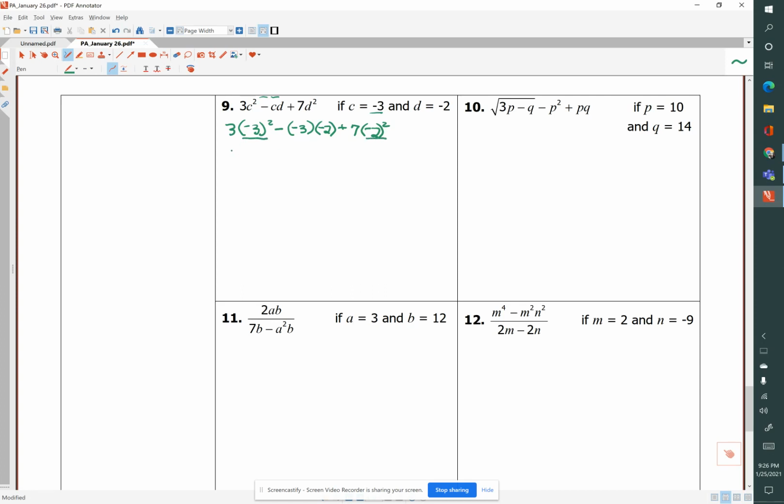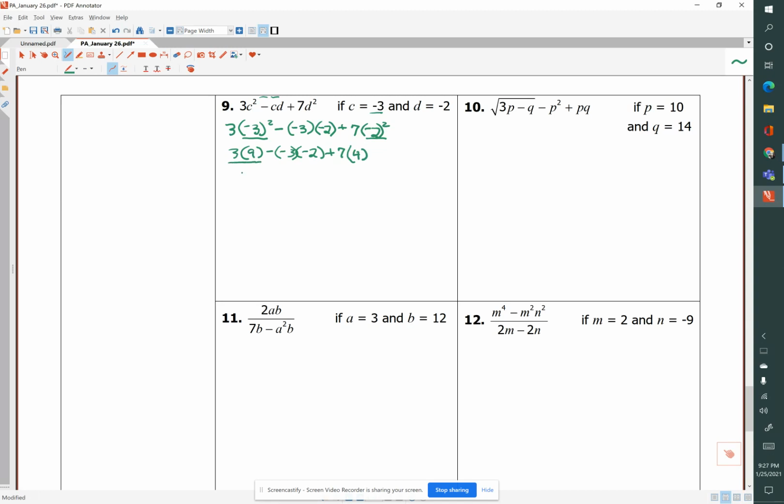Negative 3 times negative 3 is 9. So we have 3 times 9 minus negative 3 times negative 2 plus 7 times negative 2 to the second power. Negative 2 times negative 2 is 4. Okay, so let's work with this.